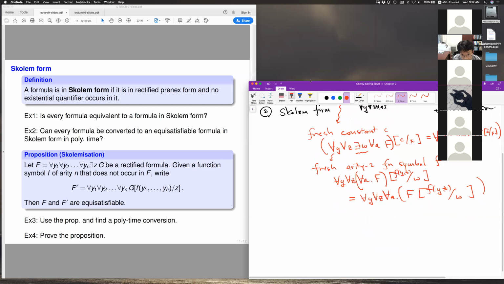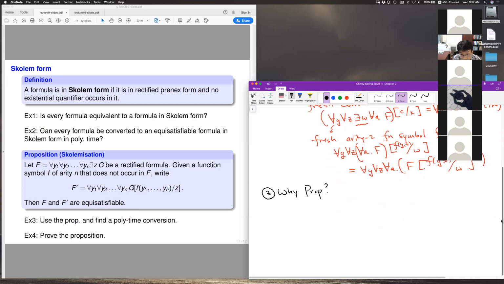And now the question becomes why this is true. It turns out proving this is actually quite easy. We have to show equisatisfiability, so we first prove this direction: if the original F is satisfiable, then F prime is satisfiable.